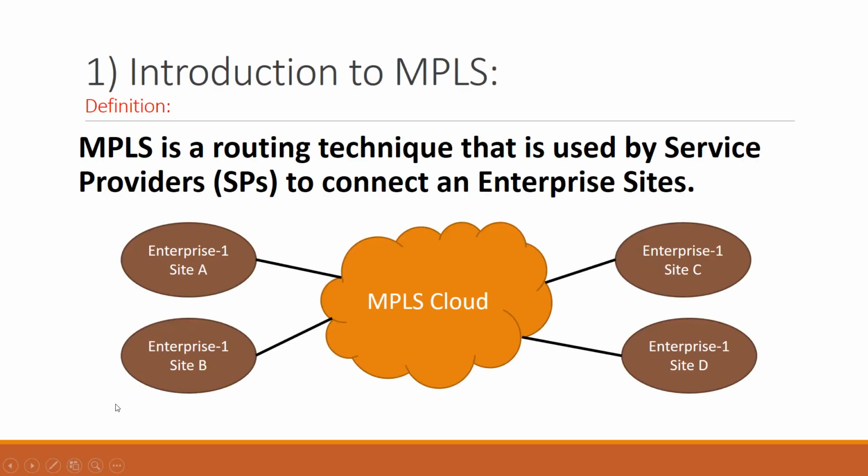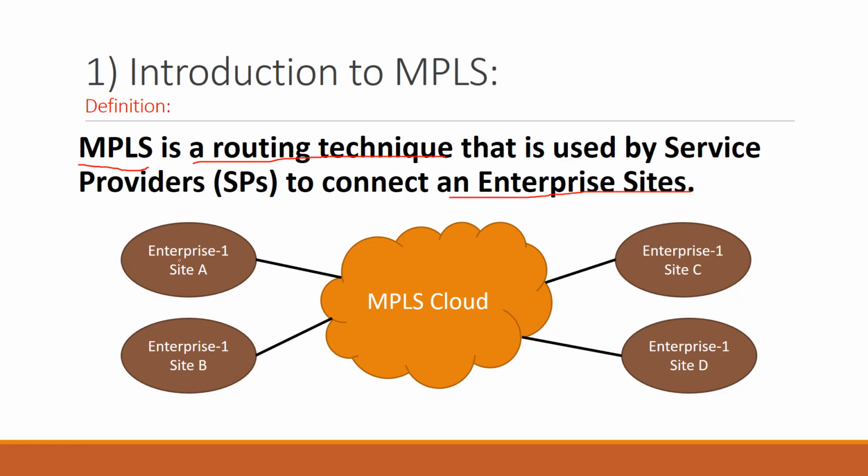So let's make a review about the definitions that we used in the first video. We will start by defining the MPLS. What's MPLS? As we defined earlier, it's a routing technique that is used by service providers to connect an enterprise's sites.